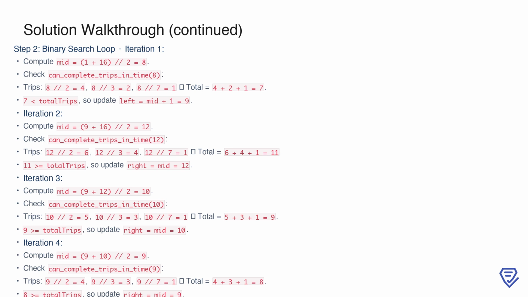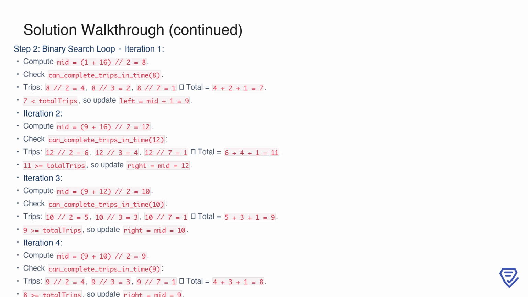In the first iteration of the binary search, we calculate the midpoint as mid equals (1 + 16) / 2 equals 8. We evaluate whether 8 trips can be completed in 8 units of time. The bus calculations yield 8 / 2 equals 4, 8 / 3 equals 2, and 8 / 7 equals 1, which totals 7 trips.